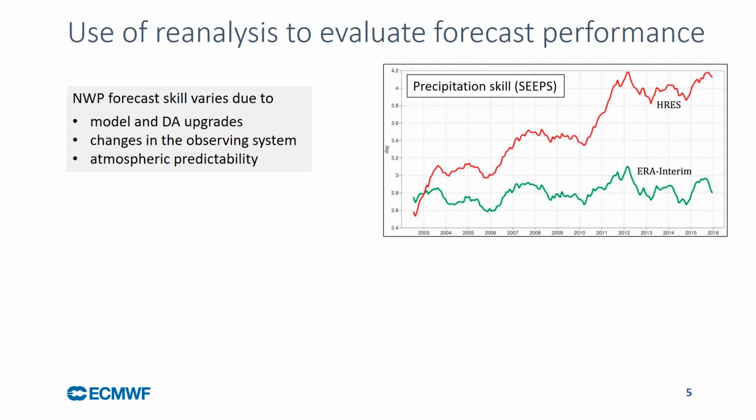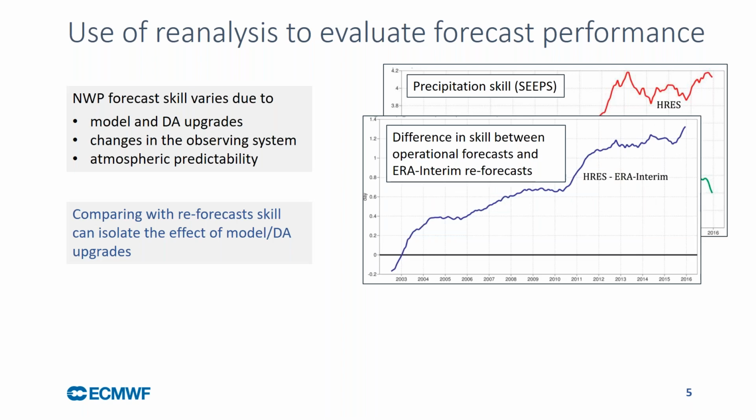If you look at the same skill score from reforecasts from ERA-Interim, you see some of the same variations, but it's obviously more flat, and that's because it's using a frozen version of the IFS. In this case, it was a 2006 version, slightly lower resolution than the NWP system. So you see the curve starts pretty close to the red one, but then stays at that same level. Next, please.